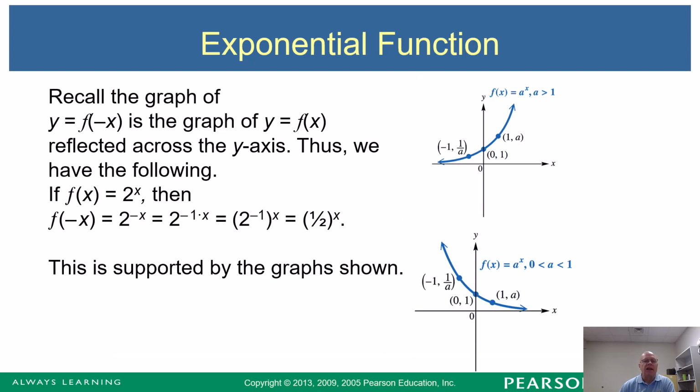So here is a summary of those things. This is where A is larger than 1. And this is what it looks like if A is between 0 and 1, also known as a fraction, even though 6 over 2 is really a fraction, but we're talking about fractions where it's not an improper fraction.